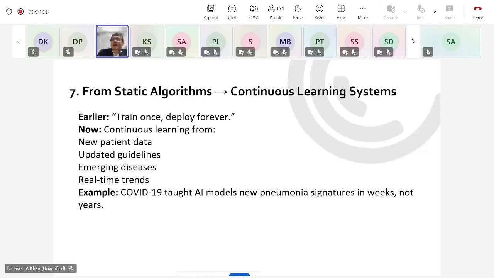These things can be solved through AI or machine learning also. For example, COVID-19 taught AI models new pneumonia signatures in weeks, not years. So this is one of the examples of what we are getting.